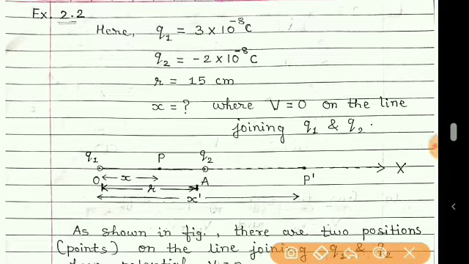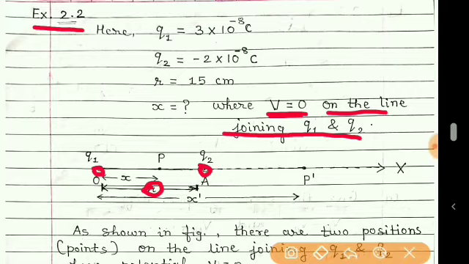Today we will see example number 2.2. Here in this example, two charged particles Q1 and Q2 separated by distance r are given, and we want to find the point at which the potential due to these charges is 0 on the line joining the charges Q1 and Q2.